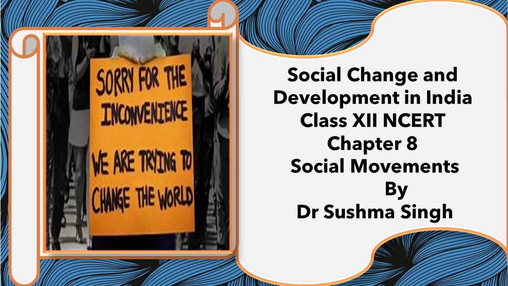You are already familiar with the many instances of trade union movements and workers' struggles in chapter 5. Now let us move to the next point, distinguishing the new social movement from the old social movements. We have already seen that the historical contexts were different.